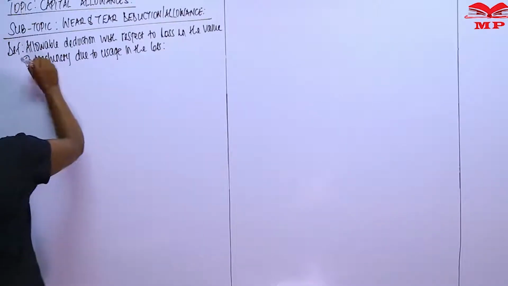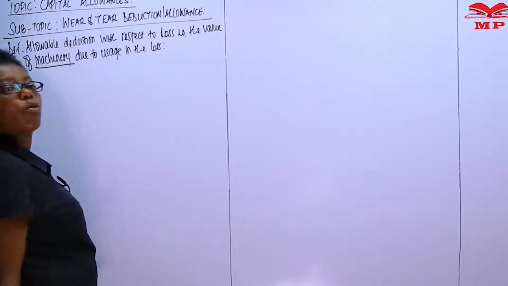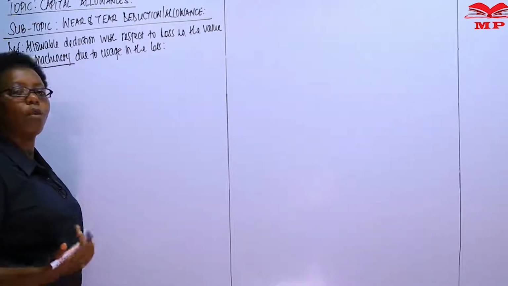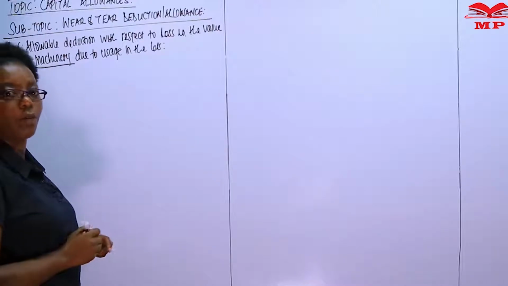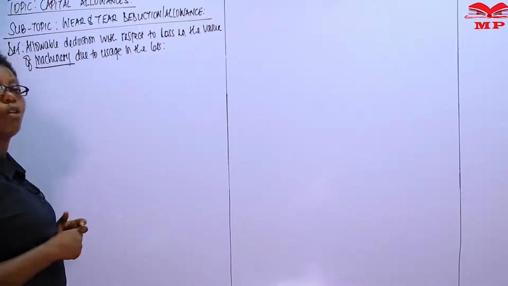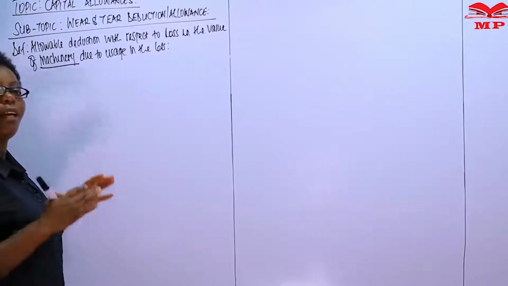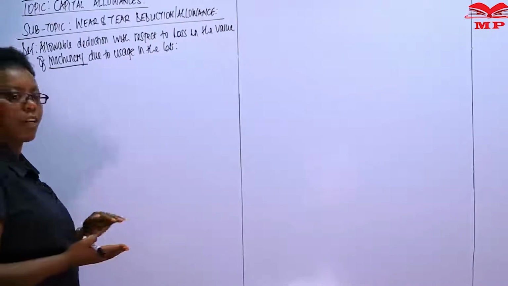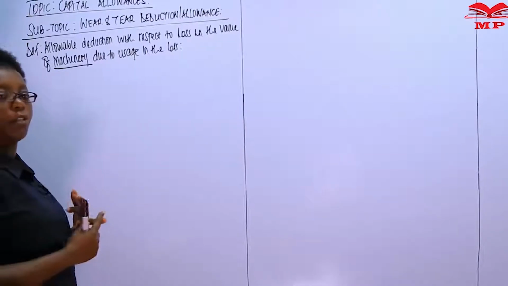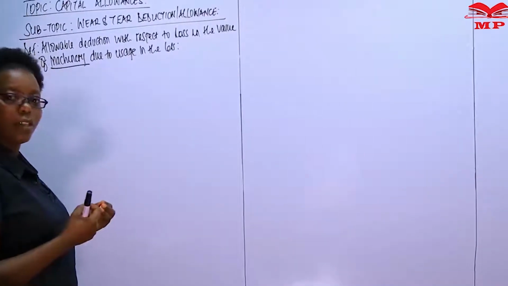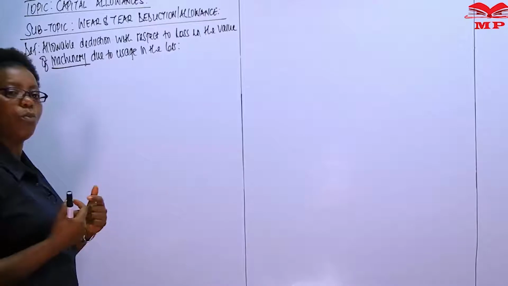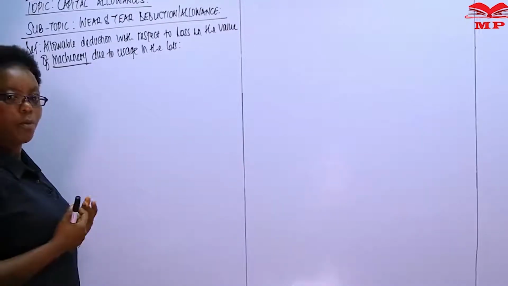Okay, so you're going to define what machinery is. So contrary to popular usage of the word machinery, the English meaning of that word, for tax purposes, we're going to take a wear and tear machinery to be any non-self-propelling machinery or any self-propelling machinery that is used other than machinery that is going to be used in the production process.